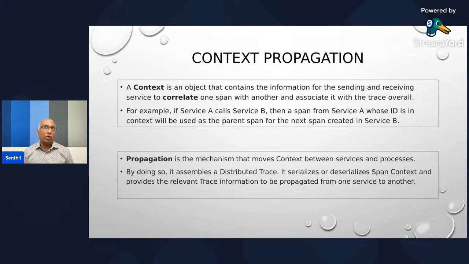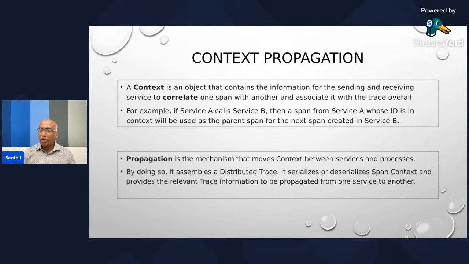We know span is the fundamental piece, right? Whenever a span is generated by an application, there is always a context associated with it. Context is an object that contains information, whatever information is required for the sending and receiving service to correlate one span with another, and finally associate the span to the overall trace.